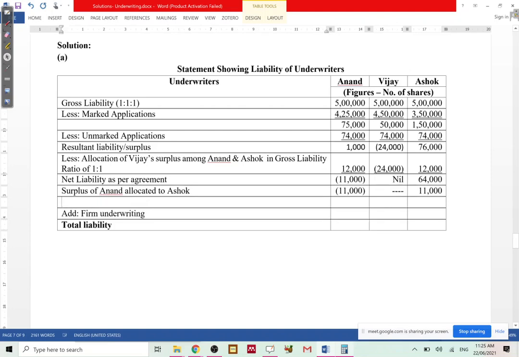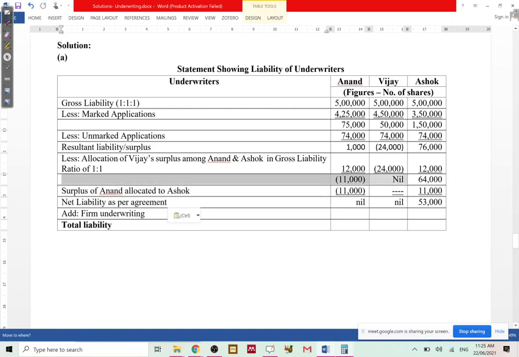Is this clear? Right? So now calculate after this again how much is the remaining liability. Now two people have a nil liability, absolutely nothing, and only one person has a liability of 53,000, right? So this is technically now the net liability as per agreement.